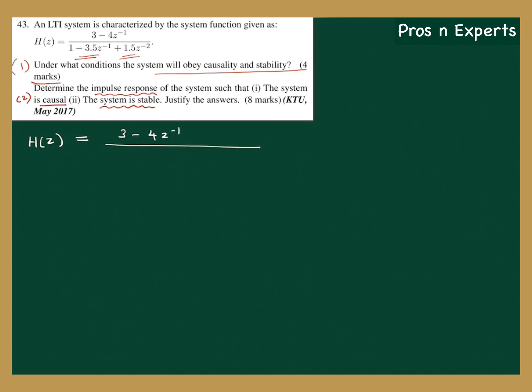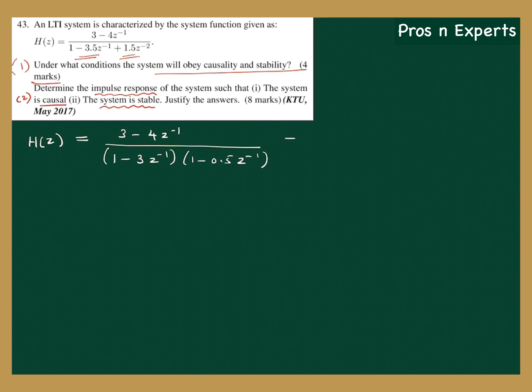That turns out to be (1 minus 3z^-1) into (1 minus 0.5z^-1), right? Because minus 3 minus 0.5 is minus 3.5, and minus 3 into minus 0.5 is plus 1.5. So the factorization is okay.